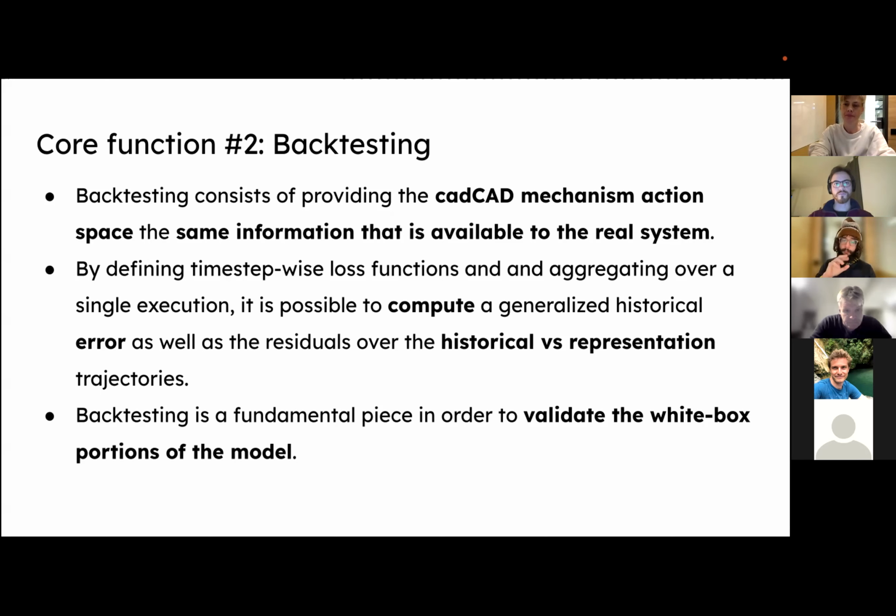But the idea of core function 2 is really about the mechanism that we are describing, our knowledge about the physical mechanism. Does it correspond to the real data or not? Usually it's not an exact thing, so most of the time you are dealing with error. How wrong is the mechanism that we have represented here? Or, what we think the system is, how wrong is it with regard to the real system?